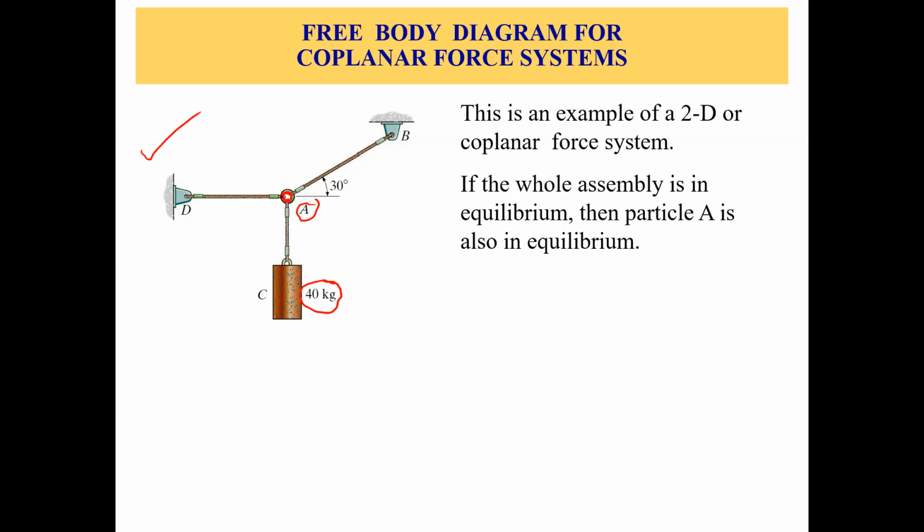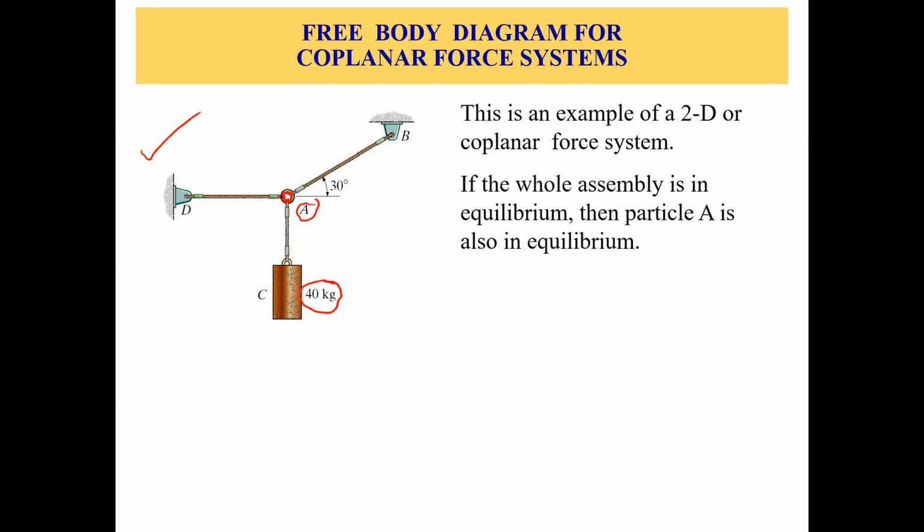The upper two cables are attached at point B and point D with some supports. Let's not go into the details of the supports, because we are only considering the forces in the cables here. So we have these three cables and a mass of 40 kg suspended at point C. Now we are going to analyze this problem, but how?